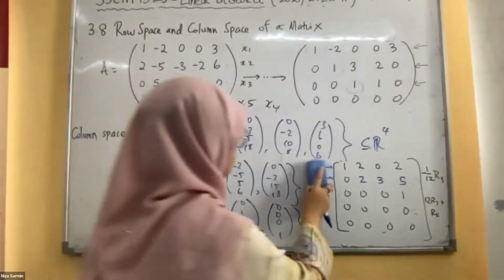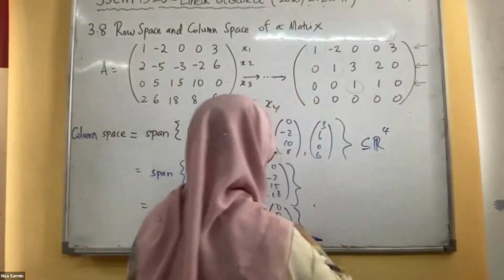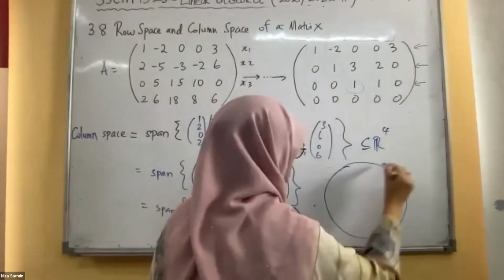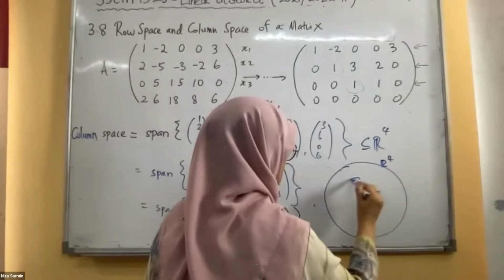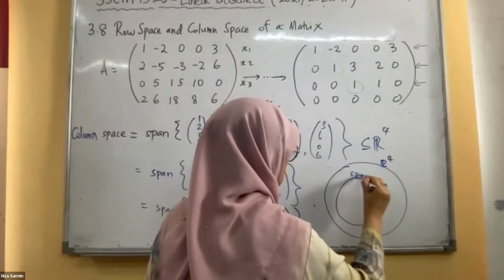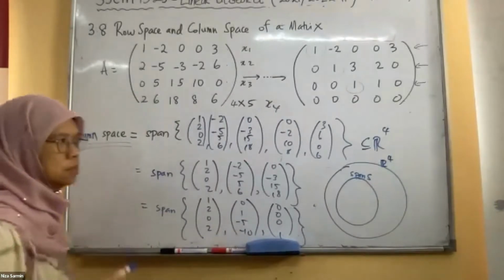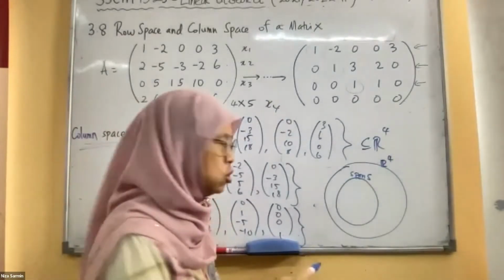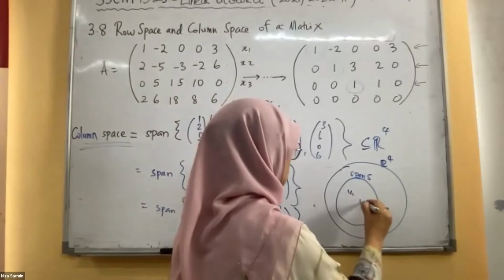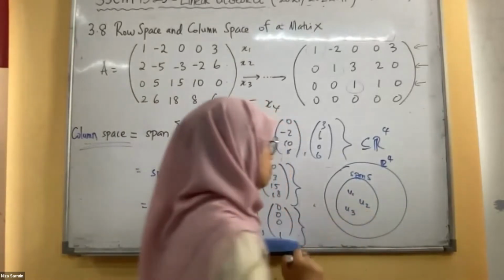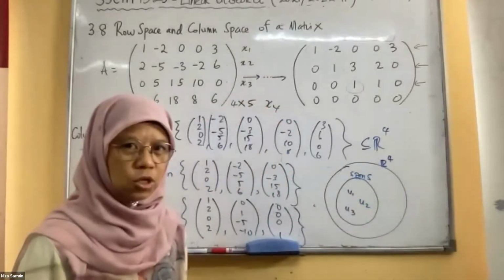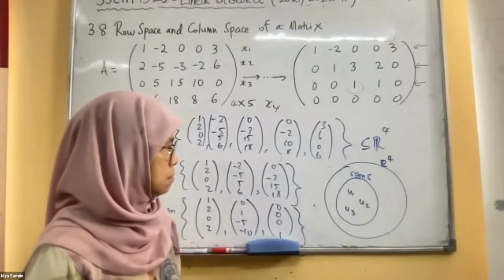So if you want to draw, this is R4. This is span S, when S is your column space. It does not span the whole thing because there are only 3 here. Okay, it is not the whole thing.